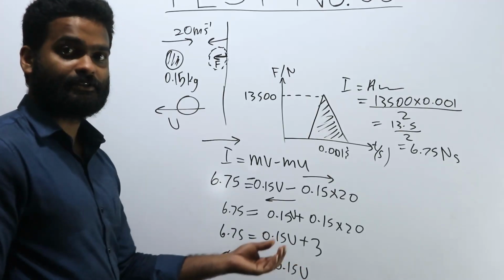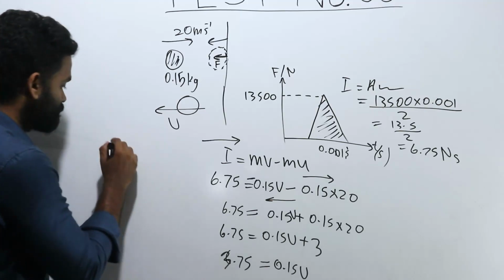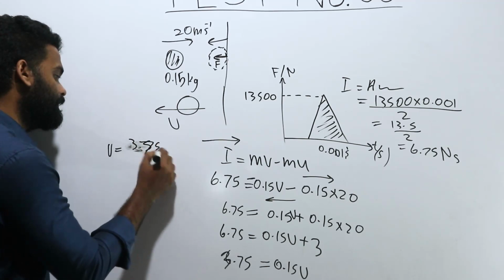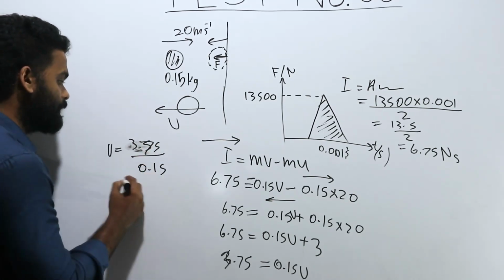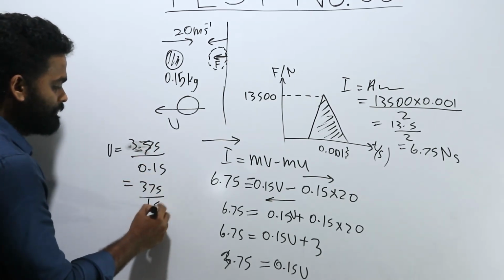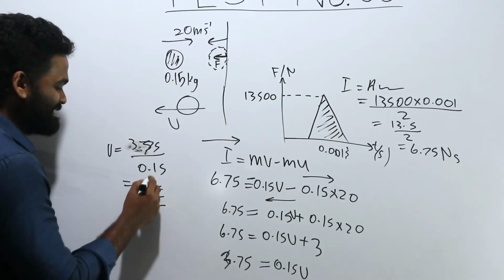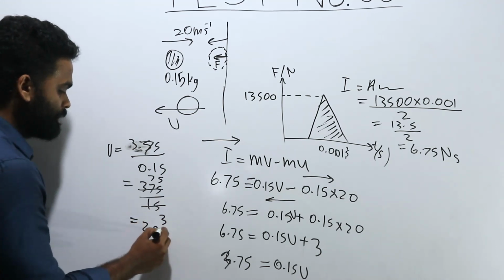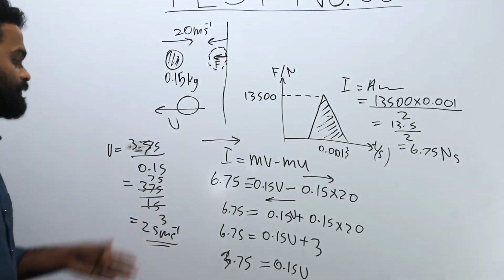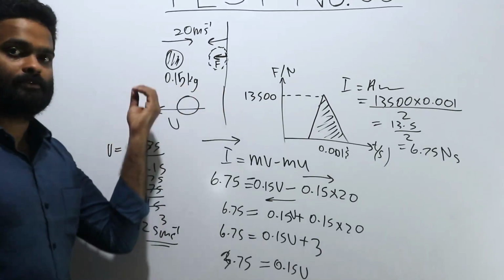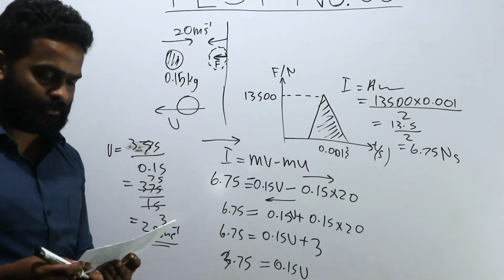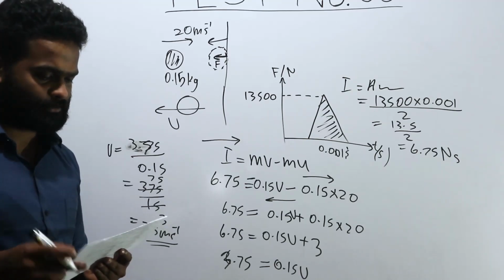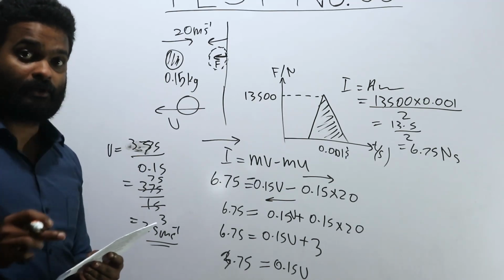Then just divide this by 0.15. 3.75 divided by 0.15, that is 375 divided by 15, which is 25. So this is the speed of the ball that bounces off the bat, 25 meters per second. So the answer should be the second one for the 14th question.